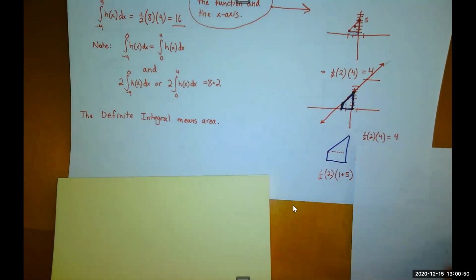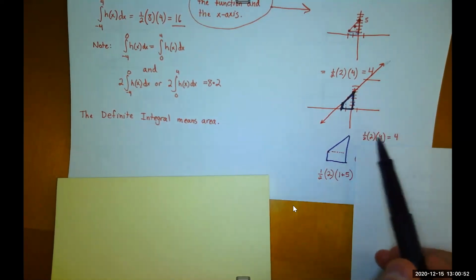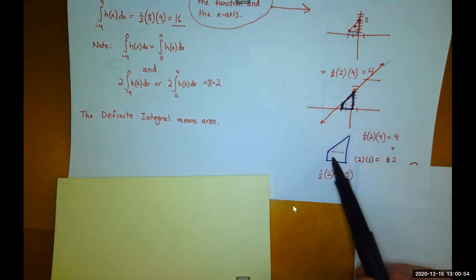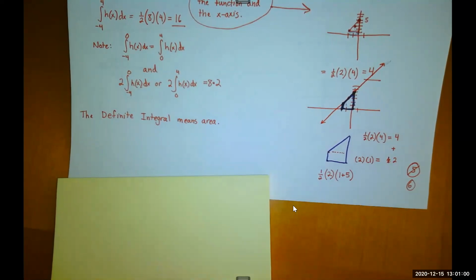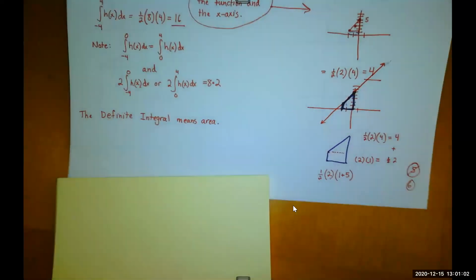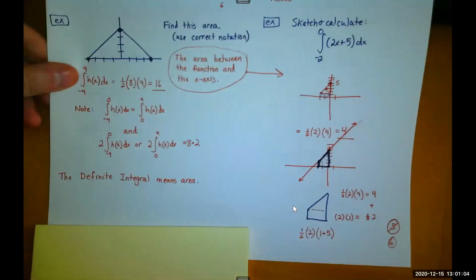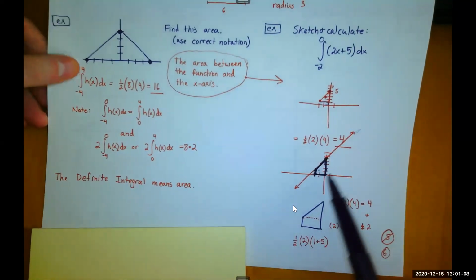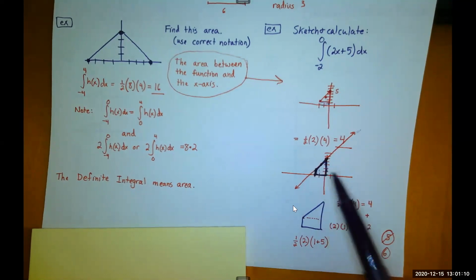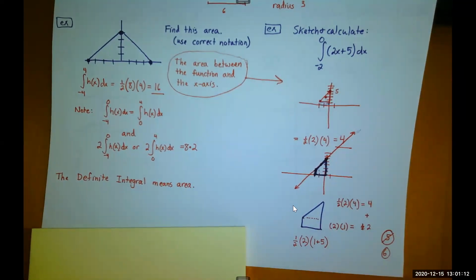You could also calculate it as the triangle 4 plus this rectangular part 2 to get an area of 6. So the definite integral from -2 to 0 of 2x plus 5 forms this shape, which happens to be a geometric shape we can find the area of, and that area is 6.